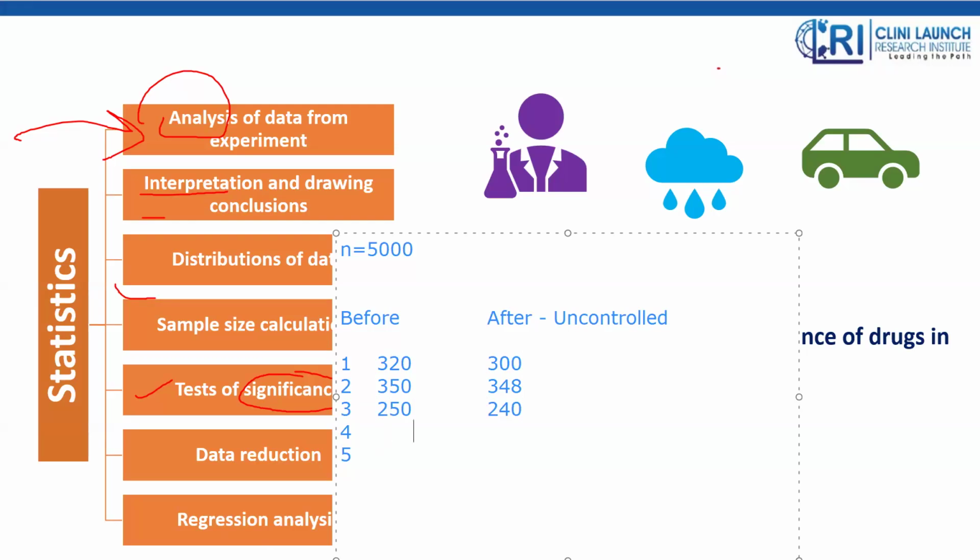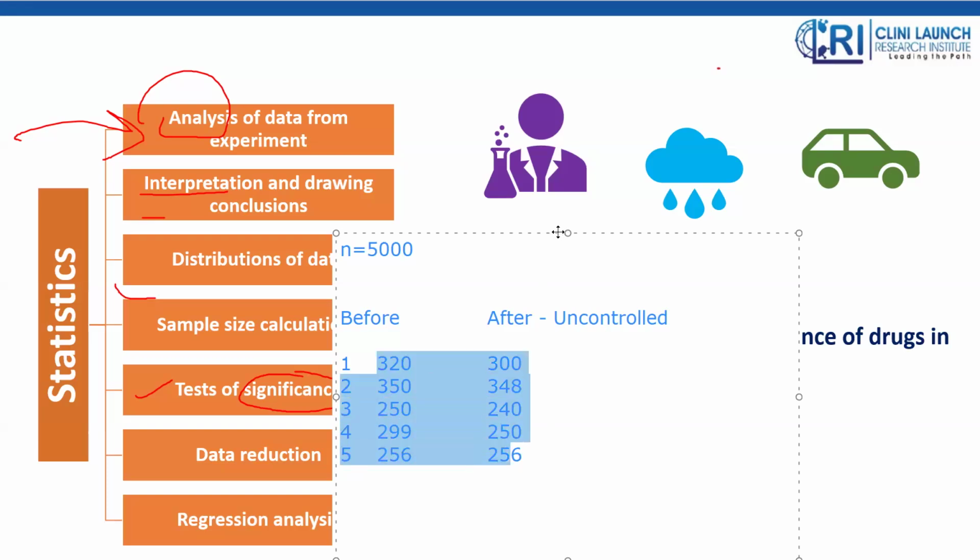This person had cholesterol 299, and it reduced to 250. And then this person had 256, and it stayed 256 again. So like that, you will be collecting data on 5,000 people.